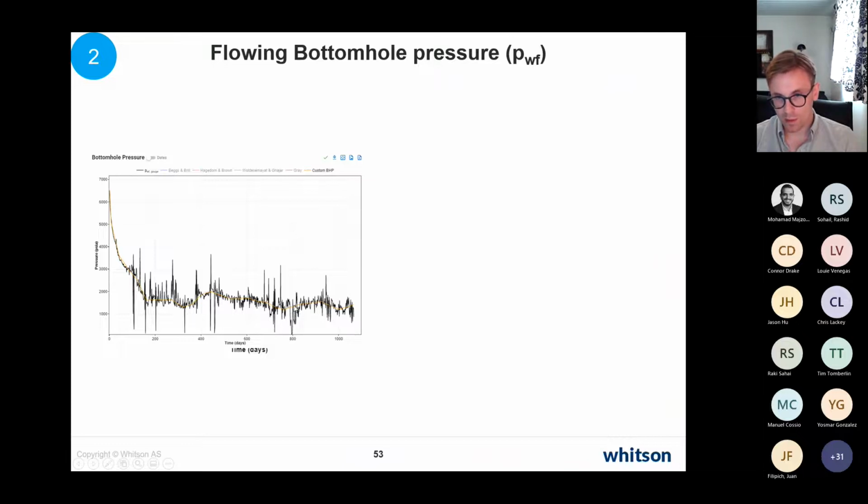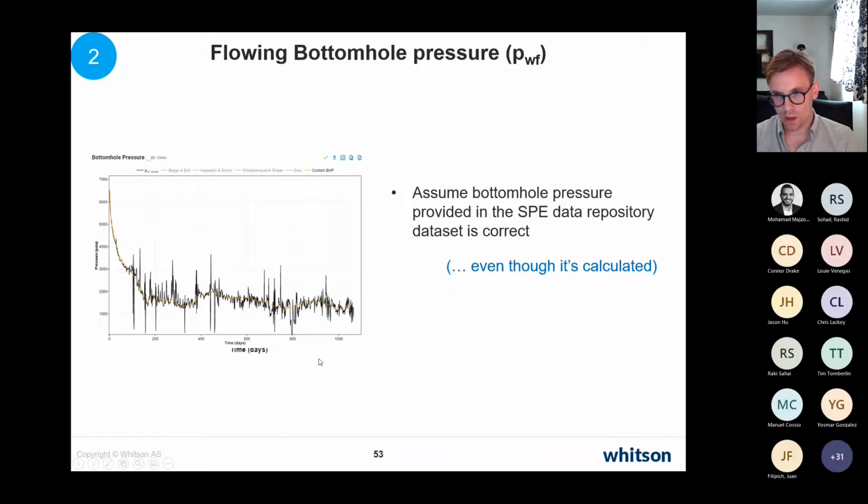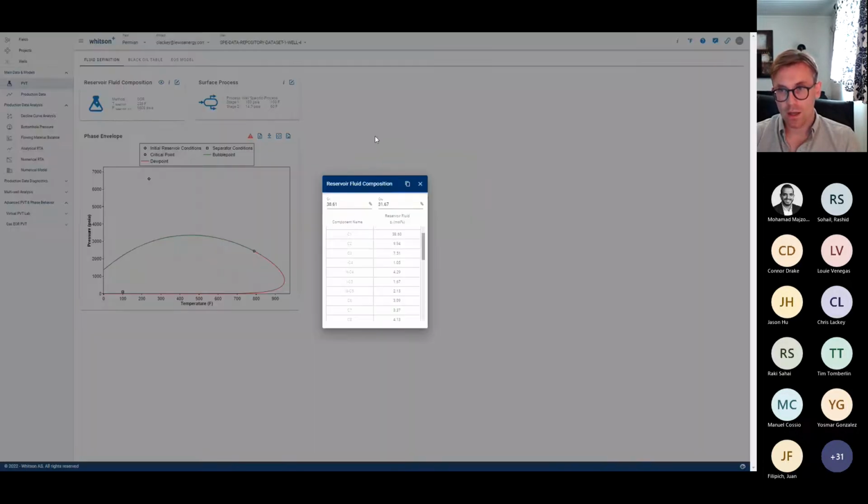These data points that we see here are just provided by SBE, so we'll assume that these are correct. We'll just use the smoothed versions of these because we see there's a lot of spikes. Especially when we are running these numerical models, there can be a lot of issues related to running a numerical model with these kinds of spikes in bottom hole pressures. So that's something we'll do in step number 2.